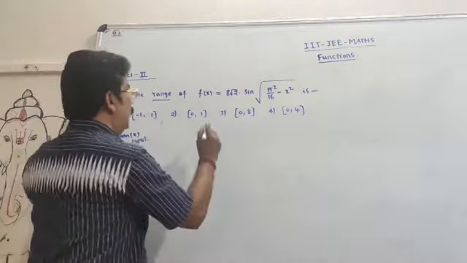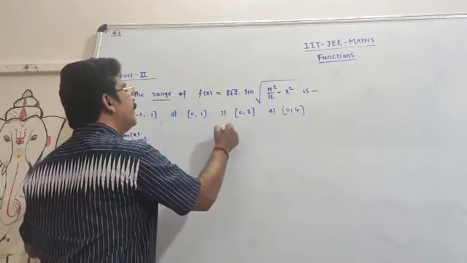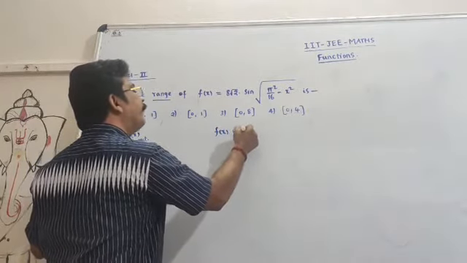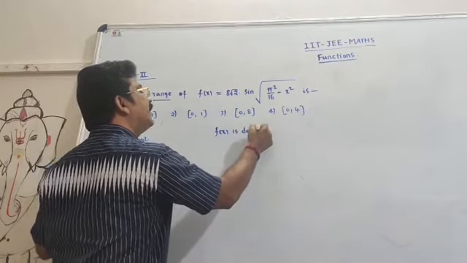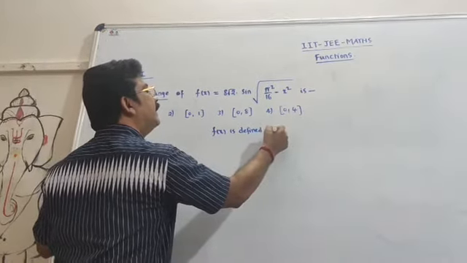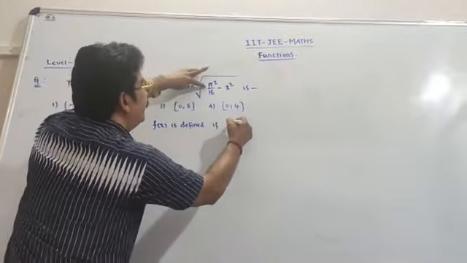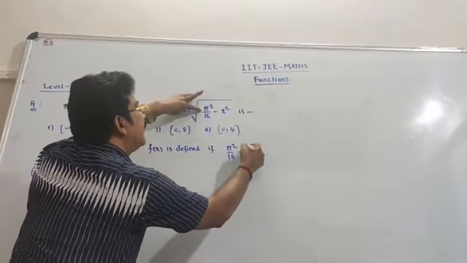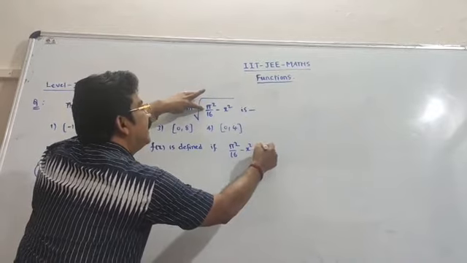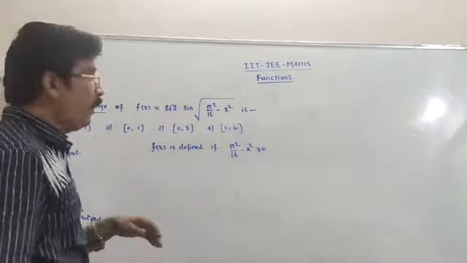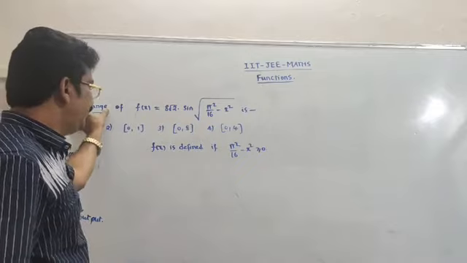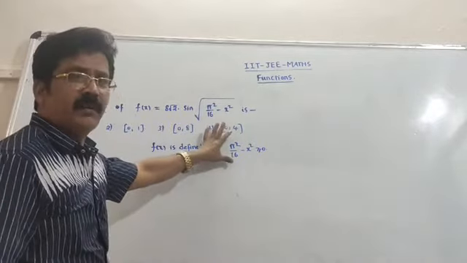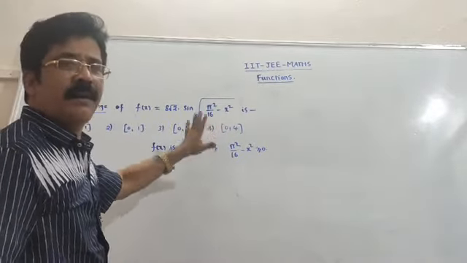So f of x is defined if pi square by 16 minus x square should be greater than or equal to 0. So before finding the range, I am finding the domain. Domain means values of x so that f of x is defined.